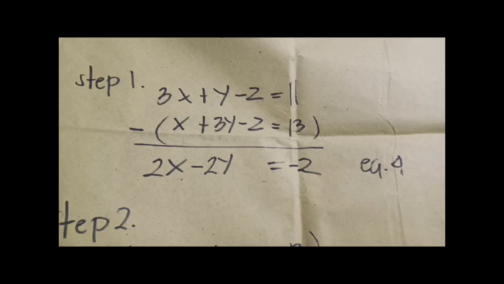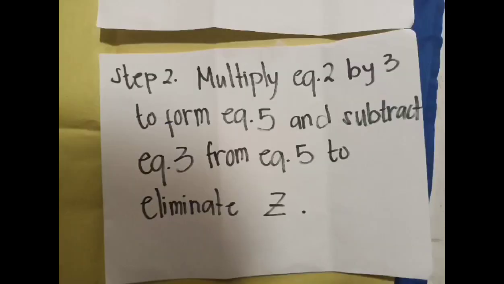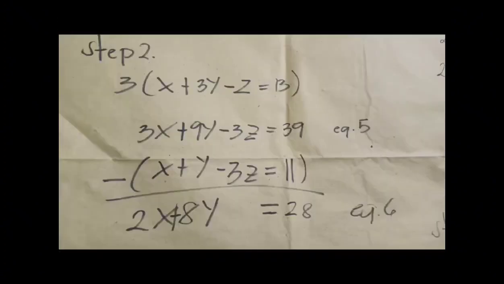So proceed to the next step, step 2. Multiply equation 2 by 3 to form equation 5, and subtract equation 3 from equation 5 to eliminate z. So copy equation 2, x plus 3y minus z is equal to 13, then multiply it by 3.